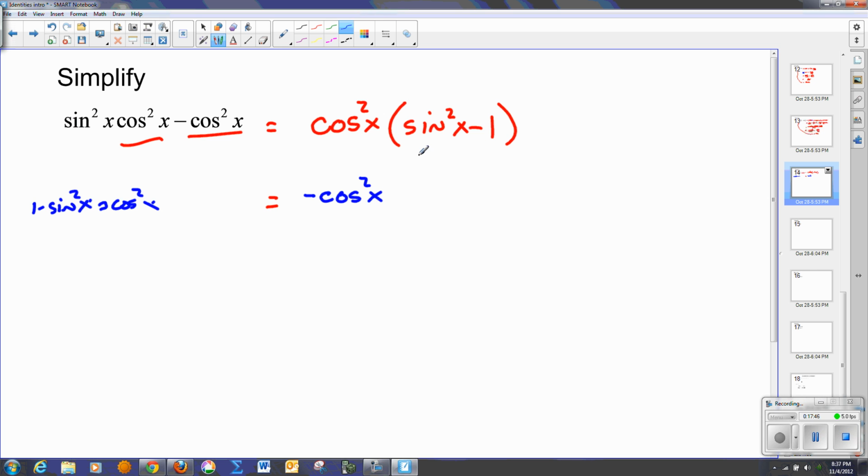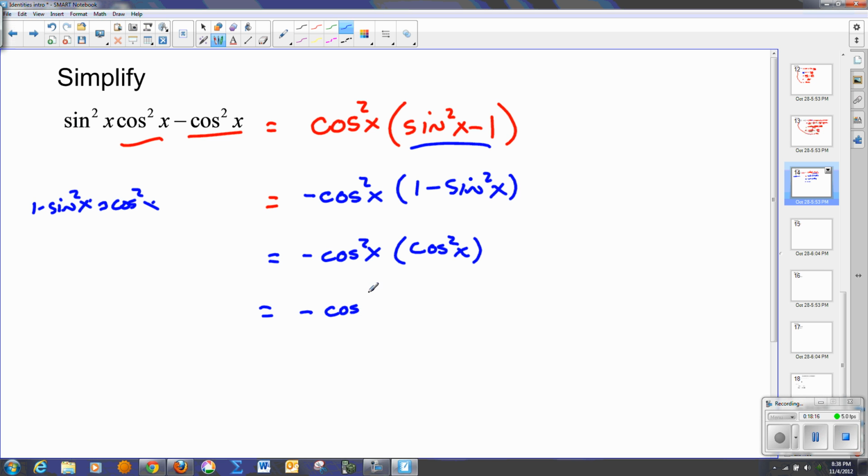And pulling a negative out of this sine squared minus 1 term, I have 1 minus sine squared. And I just got done saying that 1 minus sine squared is equal to cosine squared. So this is negative cosine squared times cosine squared. Thus, I multiply those together, and I get negative cosine to the 4th x. And that's the simplified term.